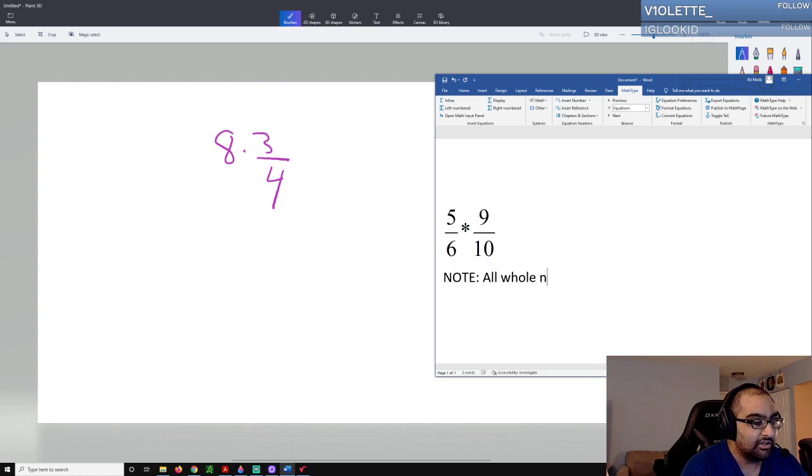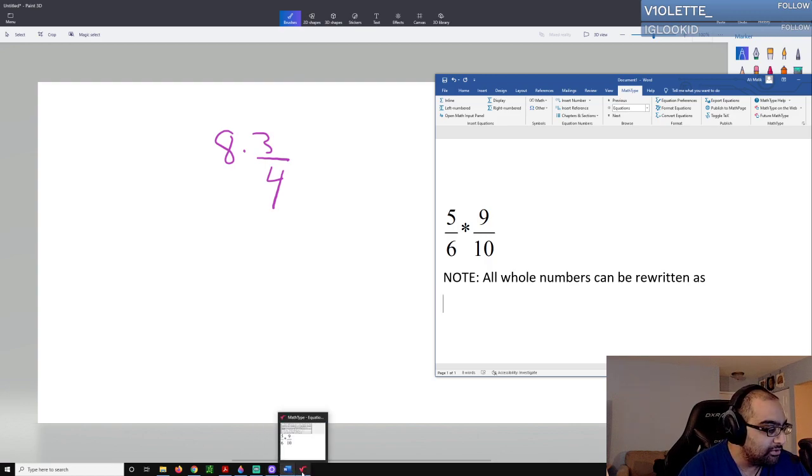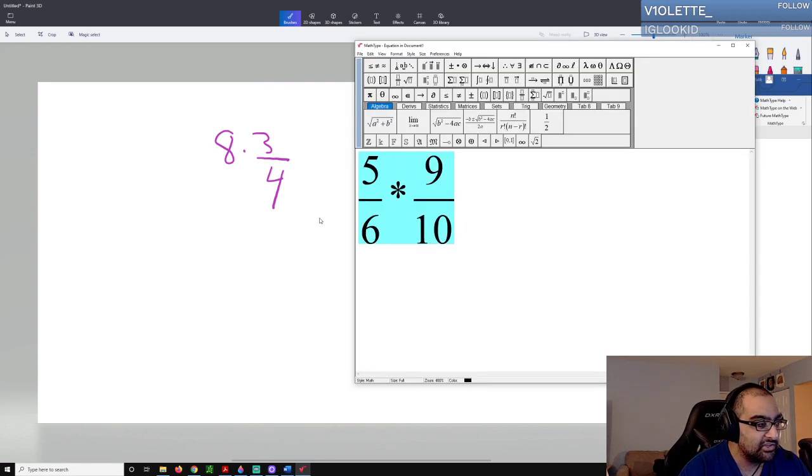All whole numbers can be rewritten as the following. So if you have a whole number, let's say 5, for example, 5 can be rewritten as a fraction as 5 over 1.